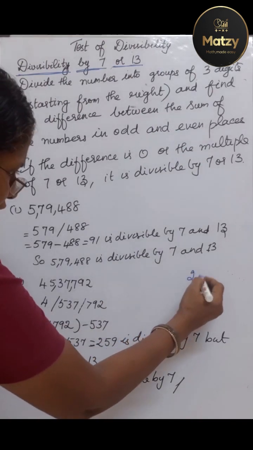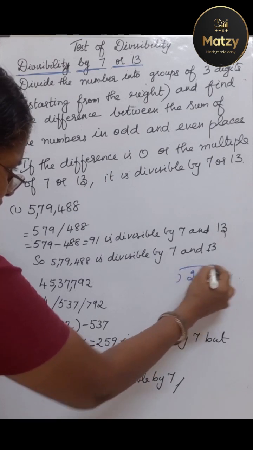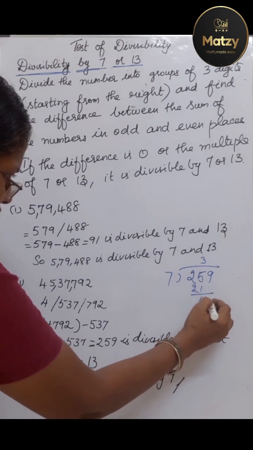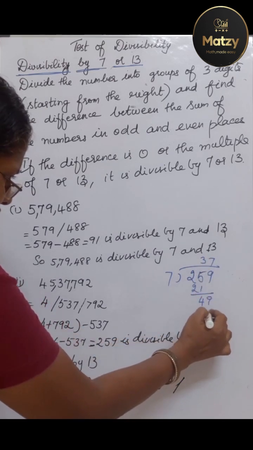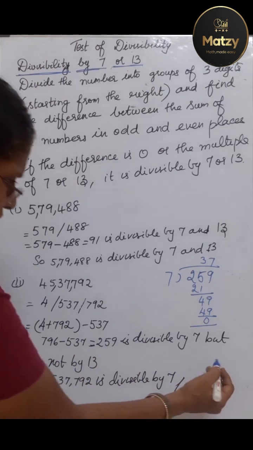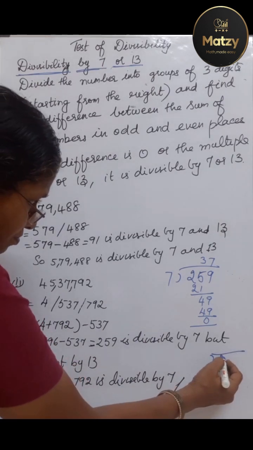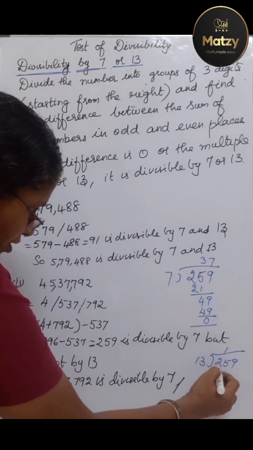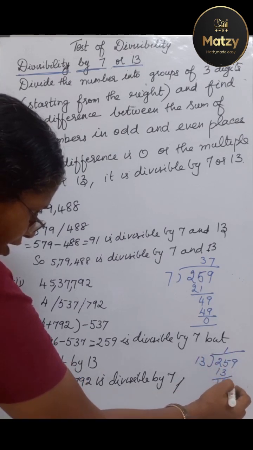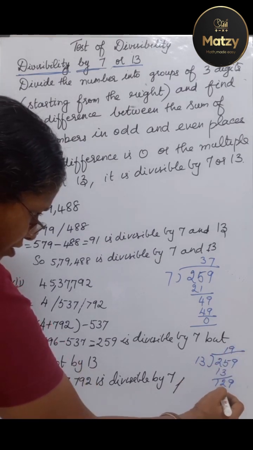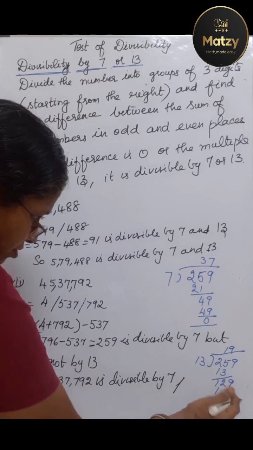Am I right? See, 259 divided by 7. 3 7s are 21. 4 7s... 37 7s are 259. So 259 is divisible by 7, but it is not divisible by 13. 13 table, 1 time... 9 13s are 117.